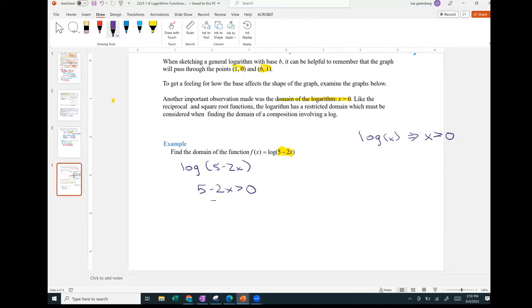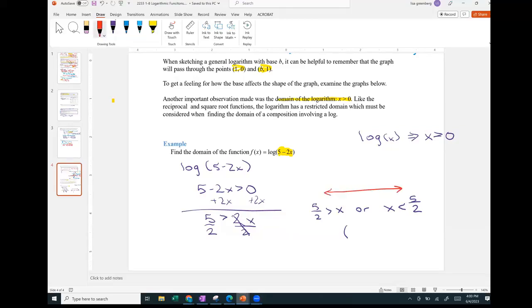I'm going to add 2x to both sides. I end up with 5 is greater than 2x. Divide both sides by 2. This cancels, and I have 5 halves is greater than x, or I can write it x is less than 5 halves. If I put this on a number line, it's always easiest to do interval notation on a number line.